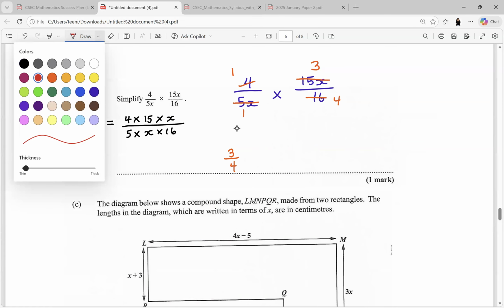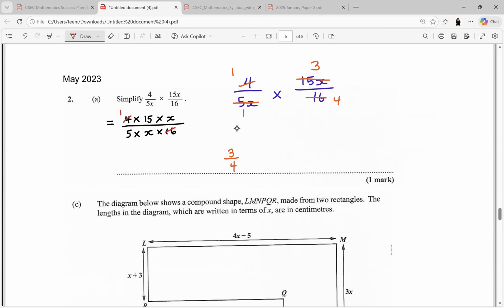And then you just reduce, so you cancel your stuff above and below. 4 into 4 is 1. 4 into 16 is 4. 5 into 5 is 1. 5 into 15 is 3. X into x is 1. X into x is 1. So you're still going to get 1 times 3 times 1, which is 3, and 1 times 1 times 4, which is 4. And that would be your answer, 3/4, which is 1 mark.